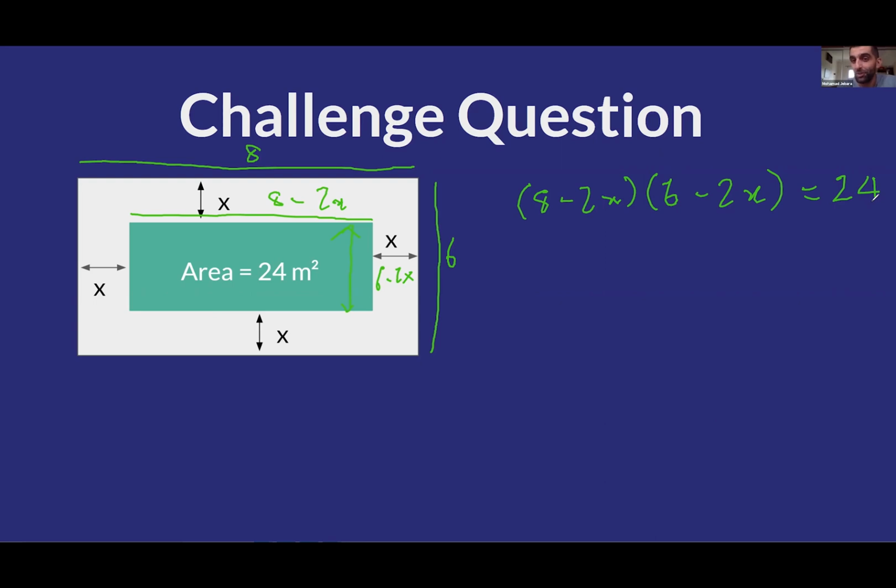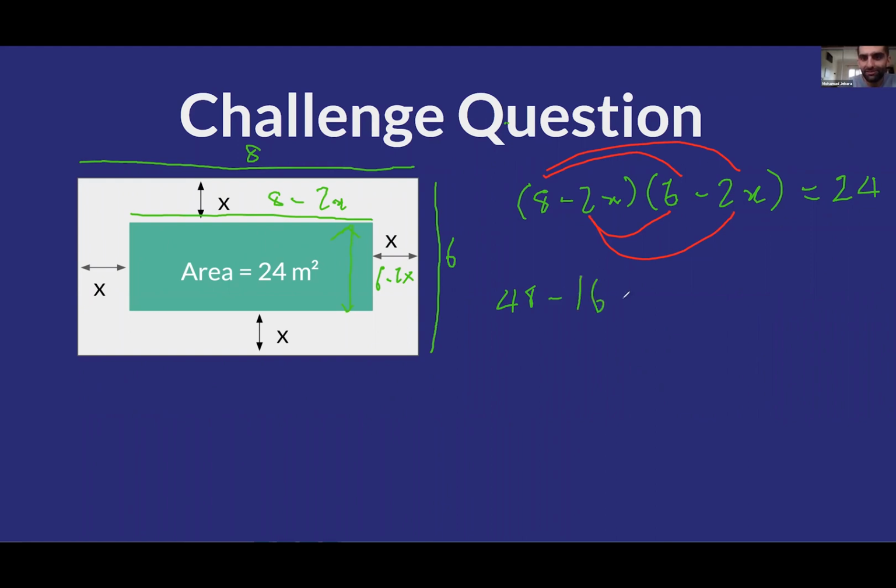The first step, we're just going to expand. We know how to expand; we've been spending all our time talking about expanding and factorizing. So that times that, and that times that, that times that, that times that. 8 times 6 is 48. Then 8 times minus 2x is minus 16x.